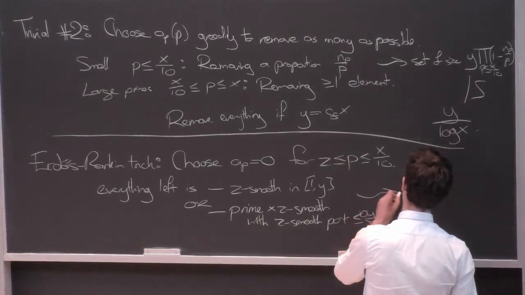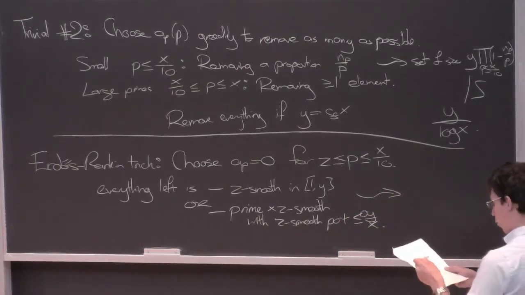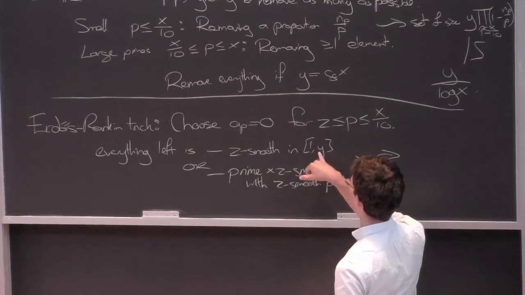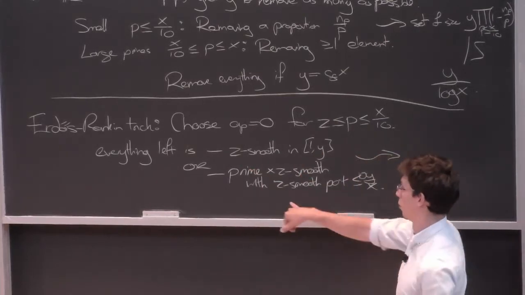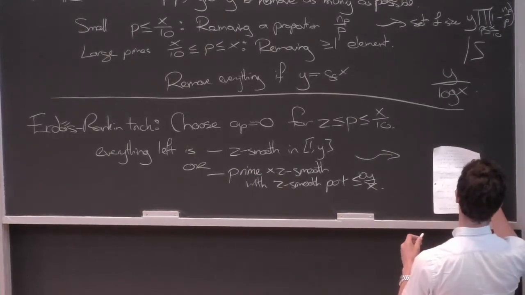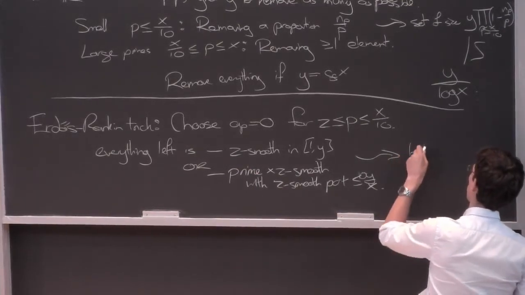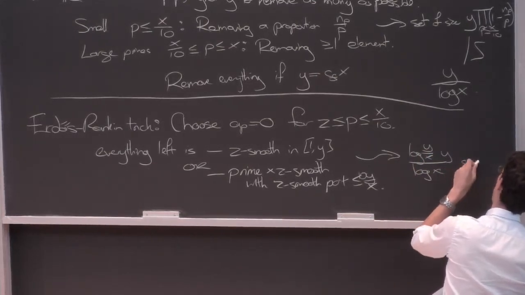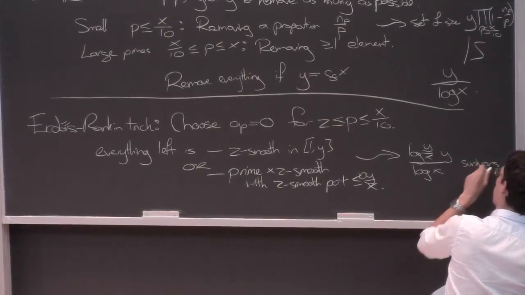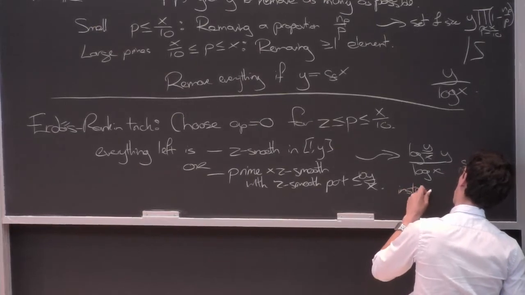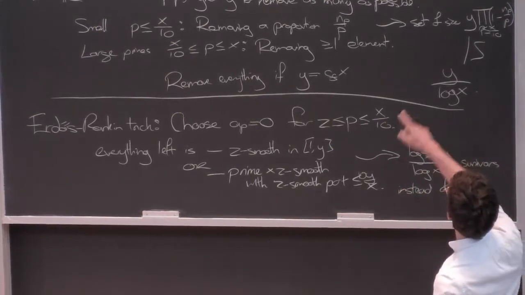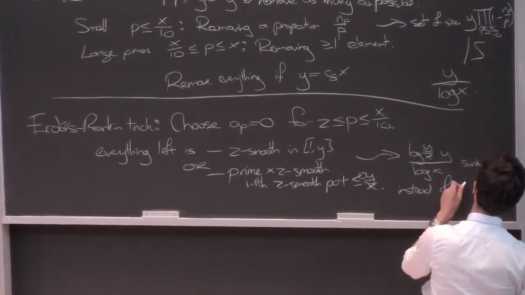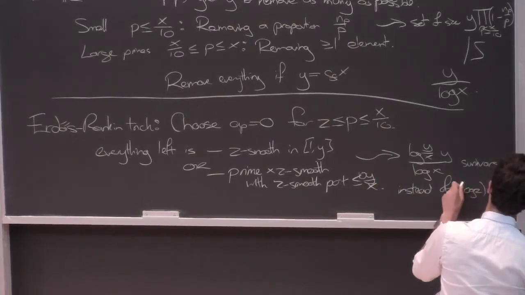And so, in particular, if you do this, then at least for z appropriately small compared to y, and y over x appropriately small compared to z, you get that there should be log y over x times y over log x survivors, instead of the product, y times the product of 1 minus 1 over p for p between these ranges, which would be log z times y over log x.